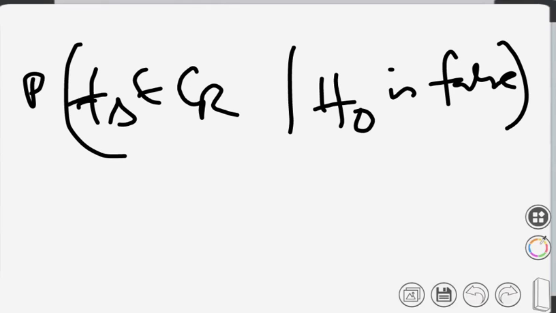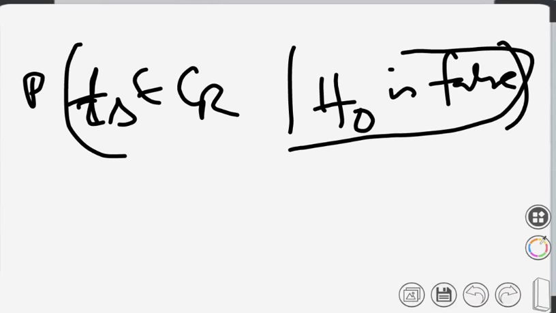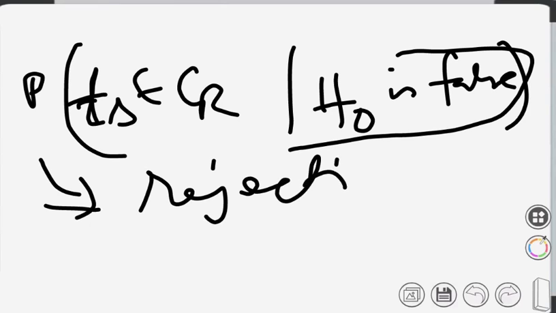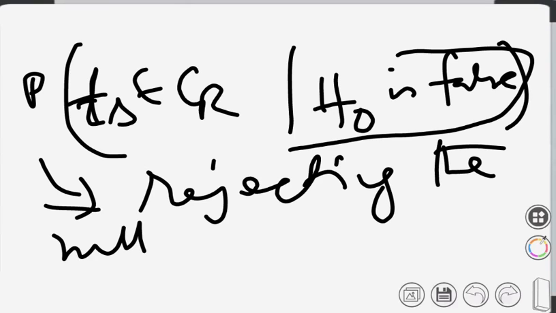The value of the test statistic falls in the critical region, so we reject the null hypothesis, and that is false. We are rejecting the null hypothesis. Please write.